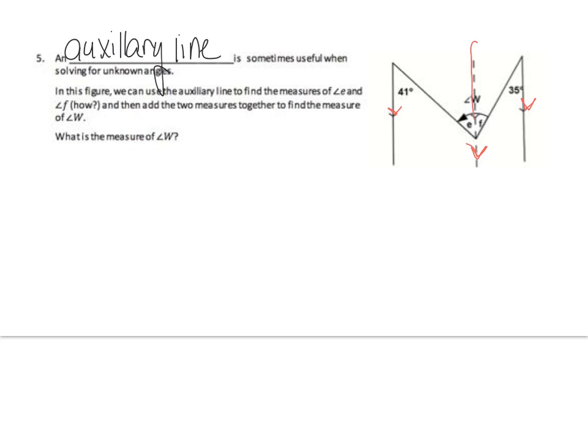So if we have an auxiliary line here, and this is 41 degrees, we know that this is 41 degrees because they're alternate interior angles. So parallel lines, transversal, alternate interior angles. So the measure of angle E is 41 degrees.